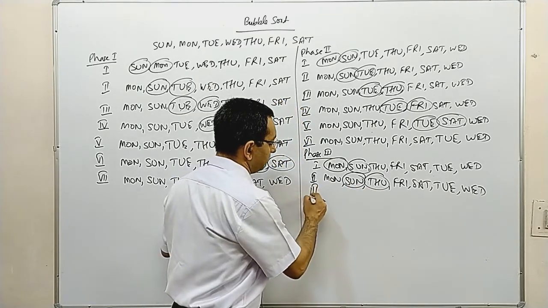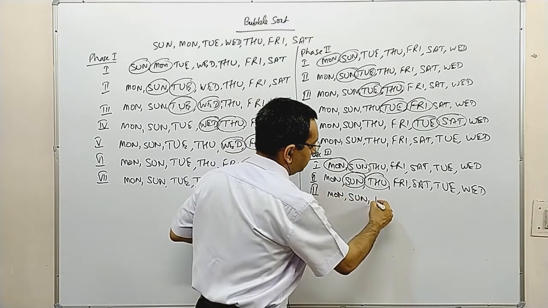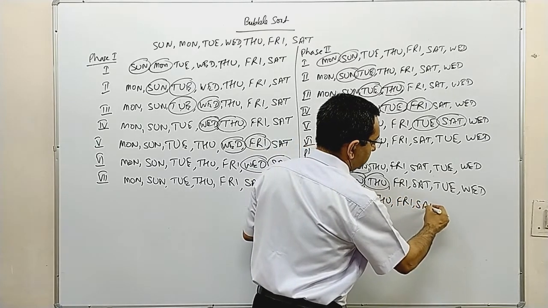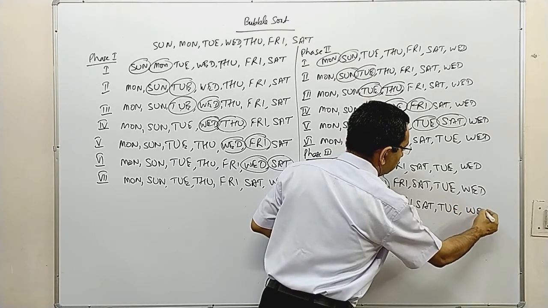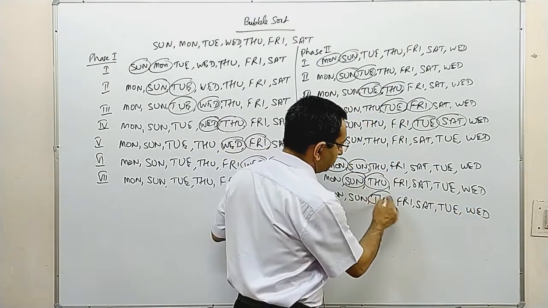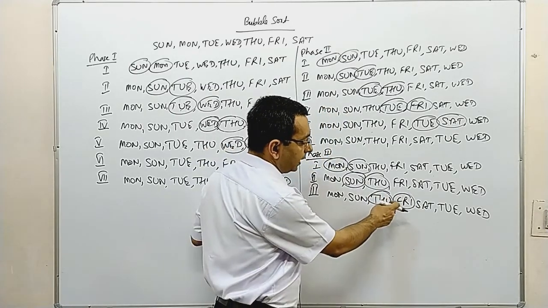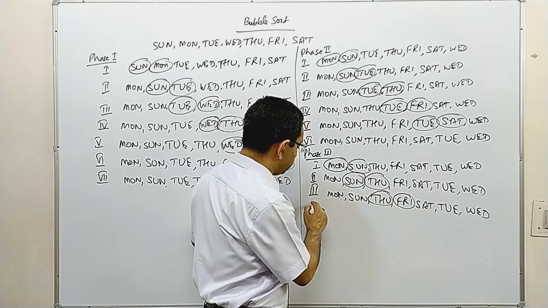So in the next step, Monday, Sunday, Thursday, Friday, Saturday, Tuesday, Wednesday. Now Thursday will be compared with Friday. So F comes first in comparison to T. So it should be interchanged.